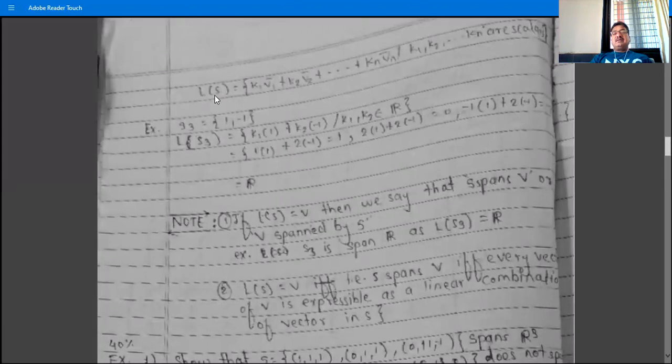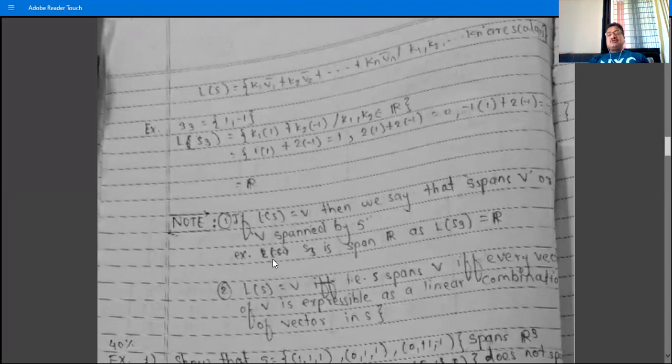The LS is the set of all elements that are linear combinations of V1, V2, Vn. Every element of LS is a linear combination of V1, V2, Vn. That is, if you take any element from the vector space V, and if it is expressed as a linear combination of V1, V2, Vn, then it belongs to LS.